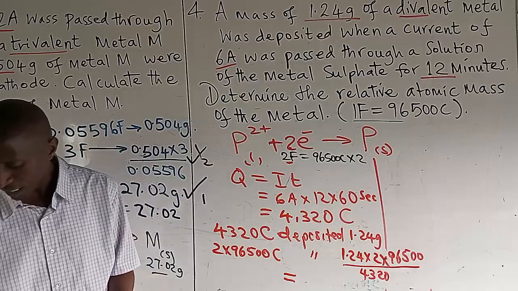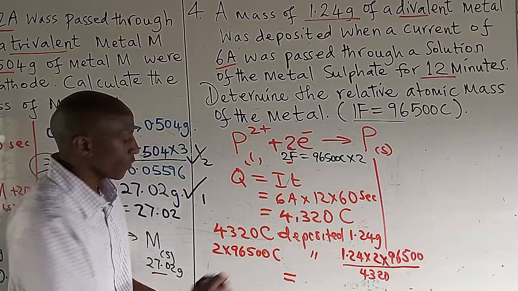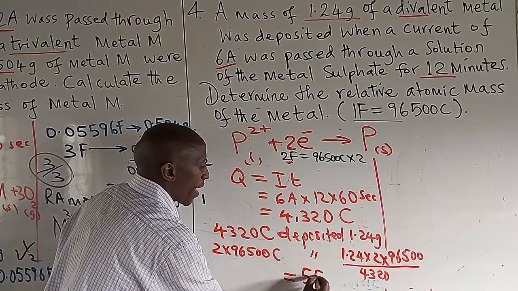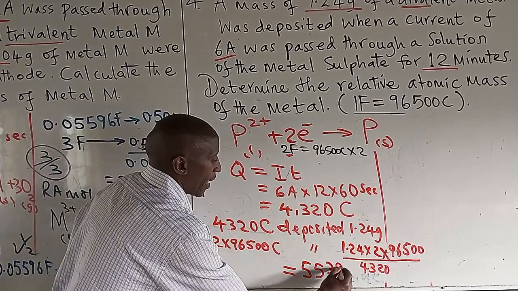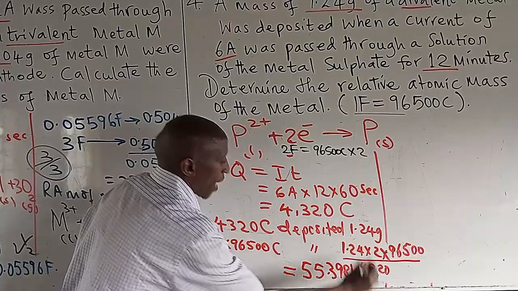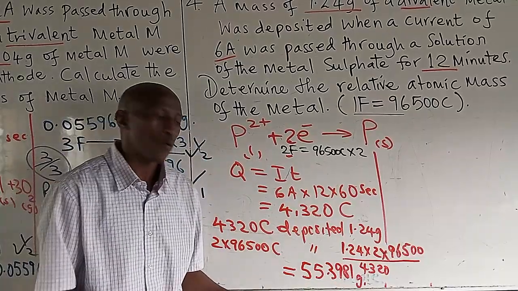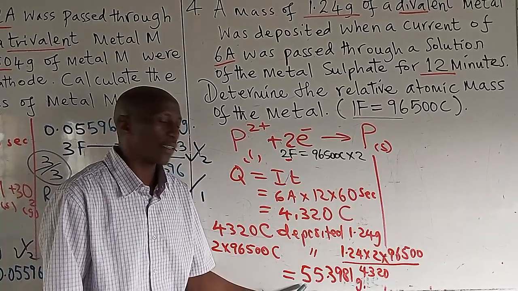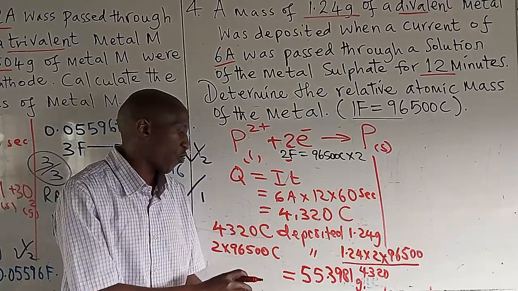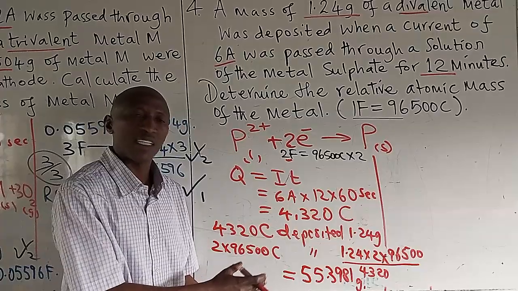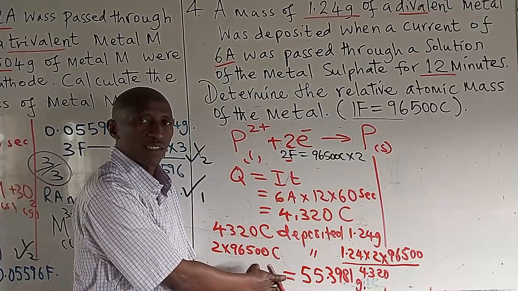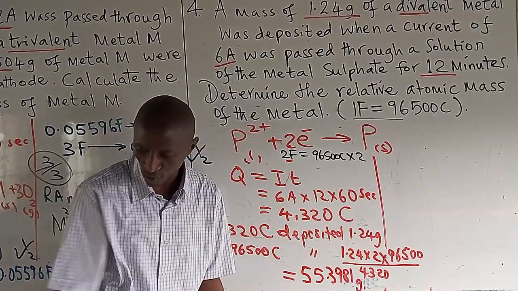Key in that, and I want to believe that you are going to get 55.3981 grams. It is acceptable to leave your answer as it is on the calculator without having to round off. Indeed, this is accurate without any rounding off.